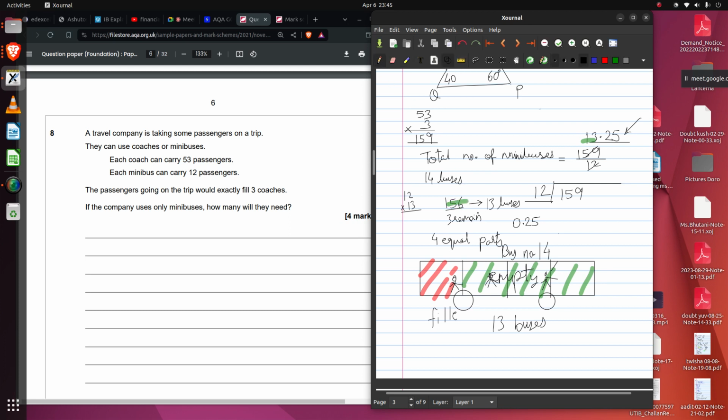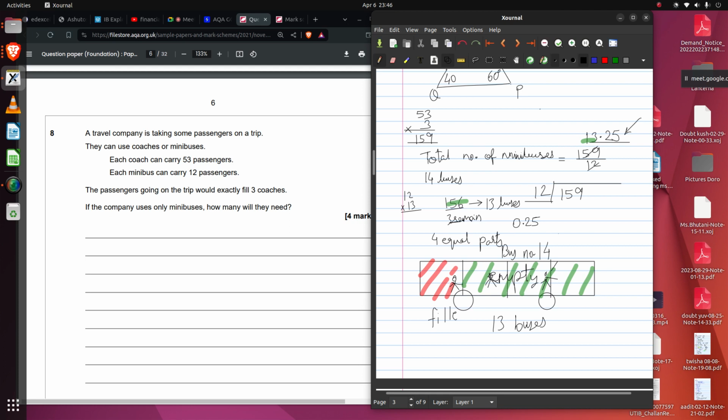Yep. The remaining 3 people, how will they come on the trip? They can't come walking. What will you hire now for the 3 people? Which vehicle do you hire for the remaining 3 people? Tell me. You have to hire a bus only.